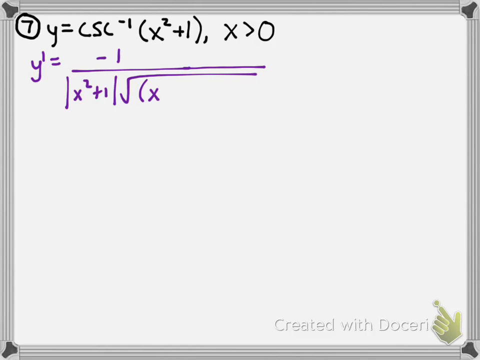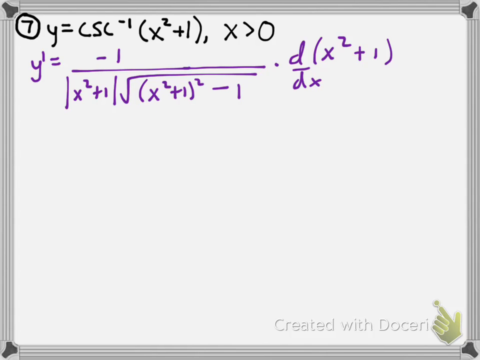And then inside the radical, we have x squared plus 1 to the second power minus 1. But then don't forget, we also have to multiply by the derivative of x squared plus 1 with respect to x.